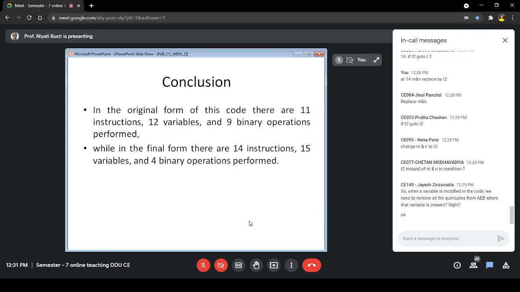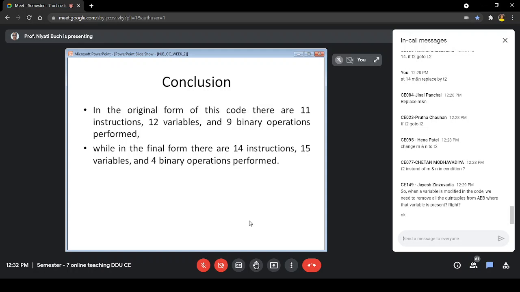While in the final form, there are 14 instructions, 15 variables, and 4 binary operations being performed. If you have done it in your notebooks, you can verify this data. I hope these are correct. We have increased the number of instructions, and we have increased the number of variables.